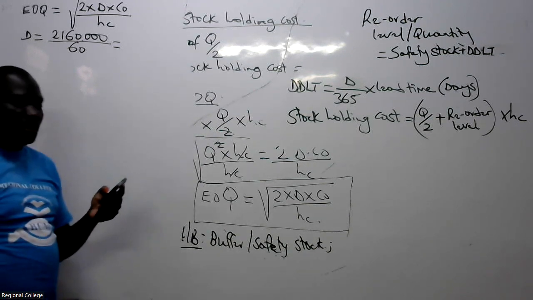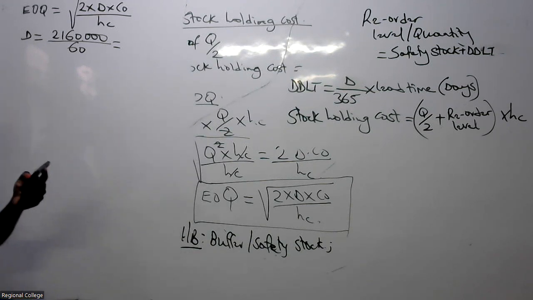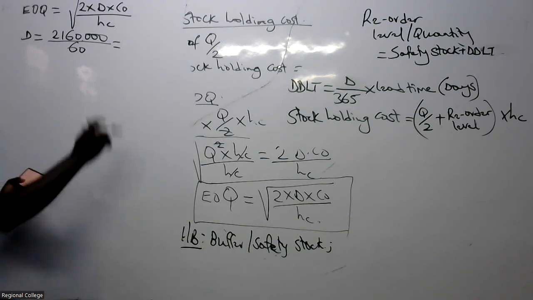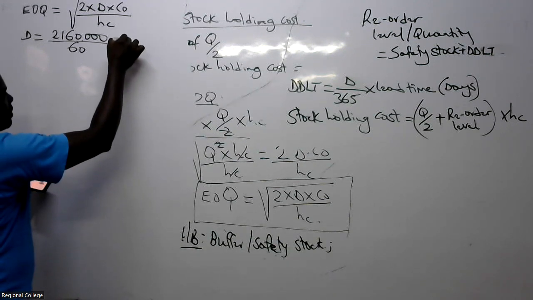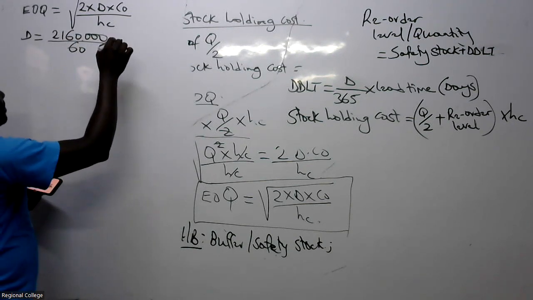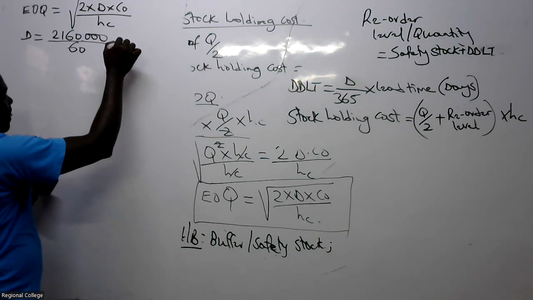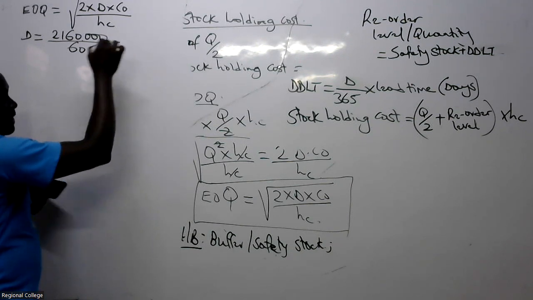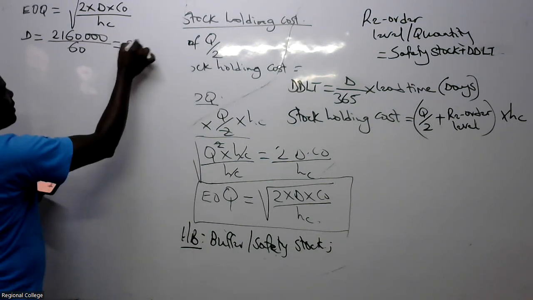The total purchases value is 2,160,000, and each unit is purchased at 60. How many units are we buying? You have 36,000.